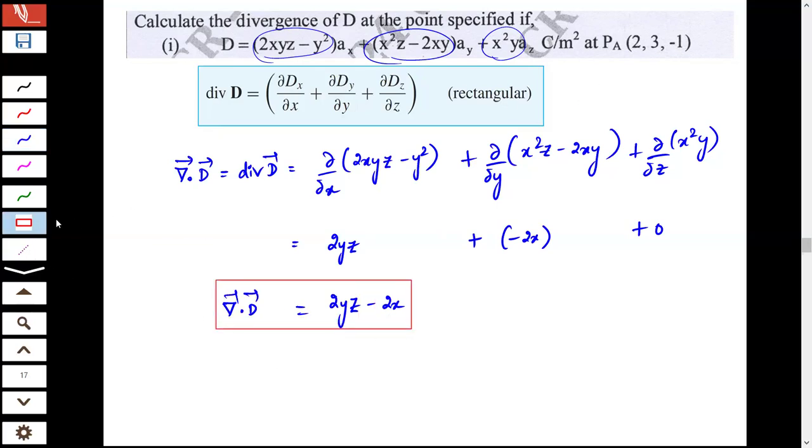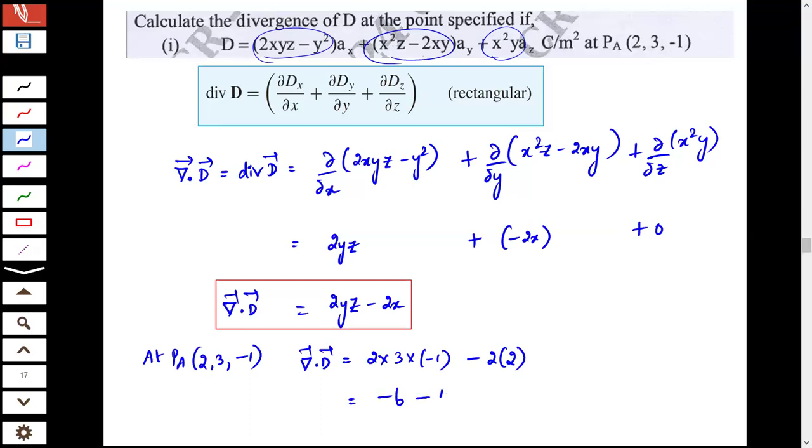Now we need to substitute the value at the point P. At P with the coordinates 2, 3, minus 1, we can find del dot D by substituting the x, y, and z values of the point. So it is 2 into 3 into minus 1 minus 2 into 2. That gives minus 6 minus 4, which is minus 10.